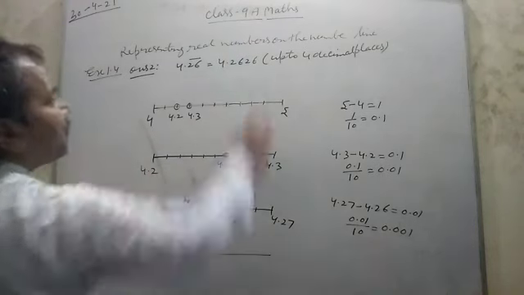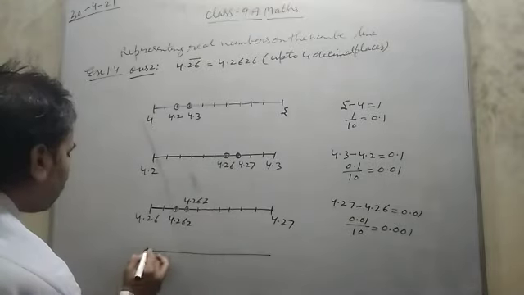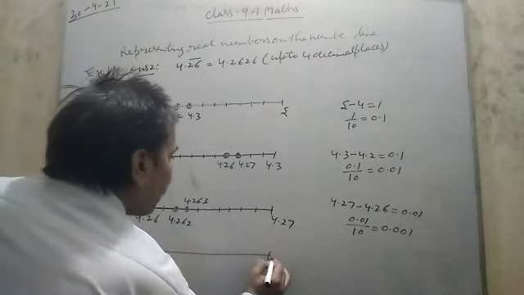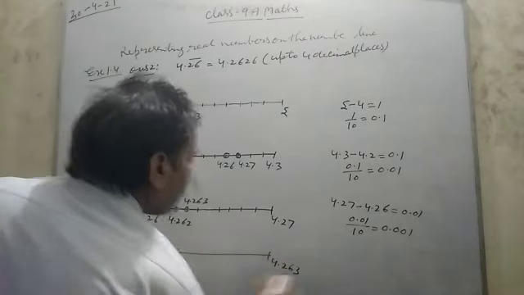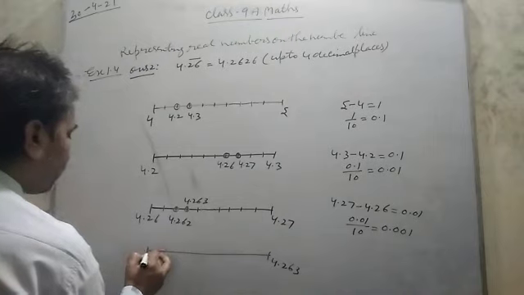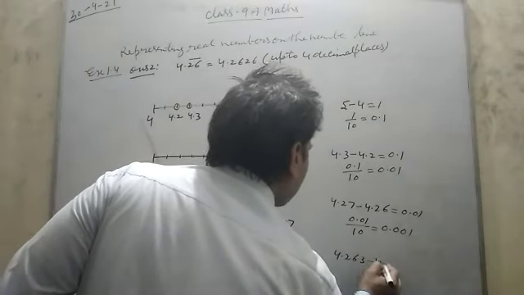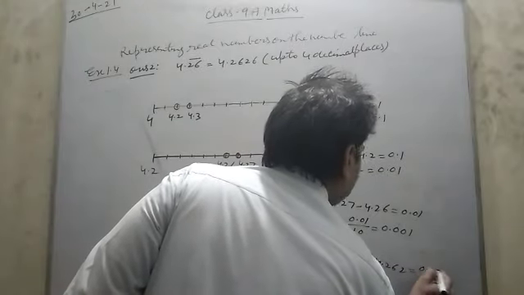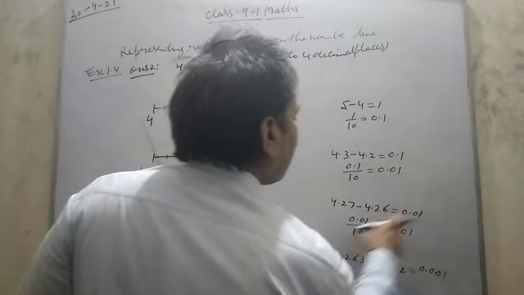After the decimal, how many digits? 4 digits. So in 4 steps. Okay. So this last step is 4.262 and 4.263. So divide this distance. First find the distance between them: 4.263 minus 4.262 is 0.001.